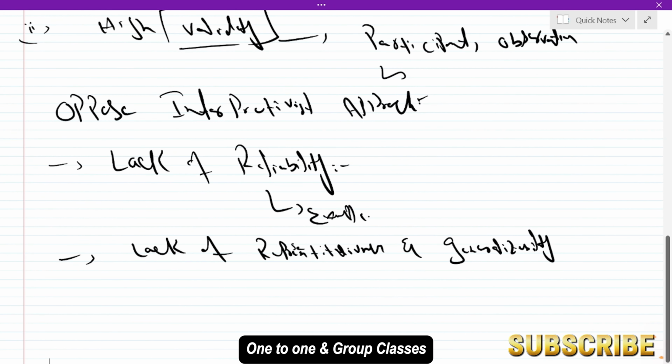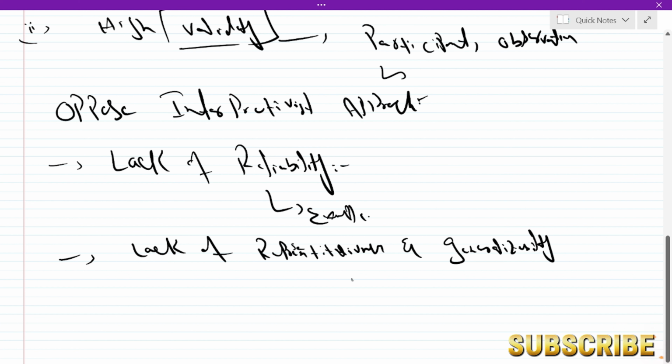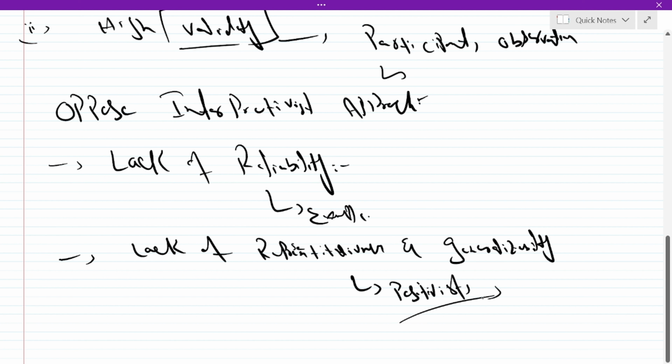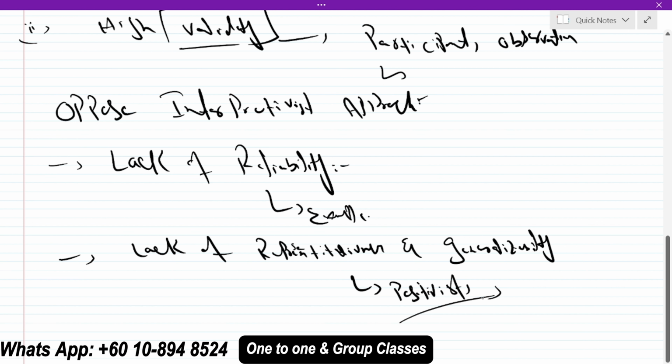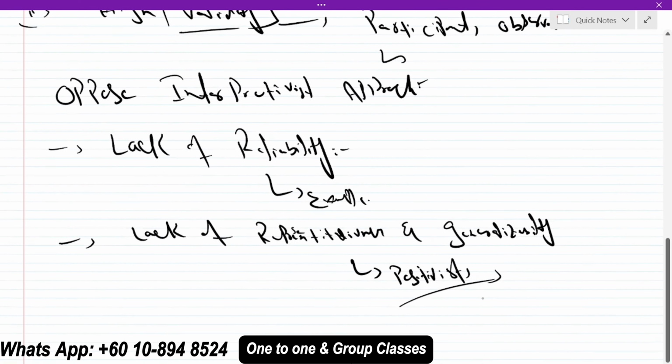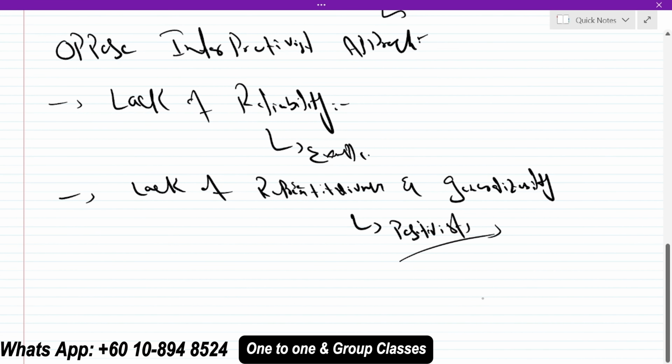Positivists argue that large-scale surveys, now you can see I am talking from the positivist perspective, are more scientific. For example, a study using 10 in-depth interviews may not represent the whole population. Absolutely right. Now, based on these two arguments, we have to draw a conclusion.